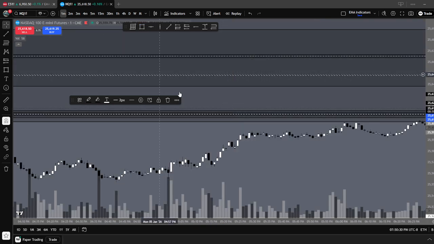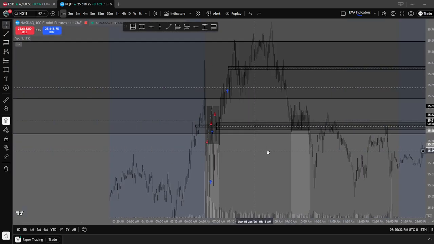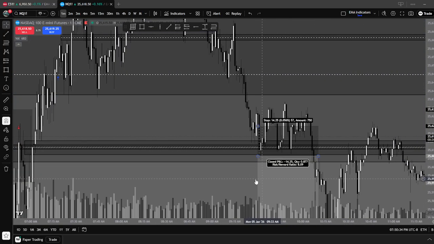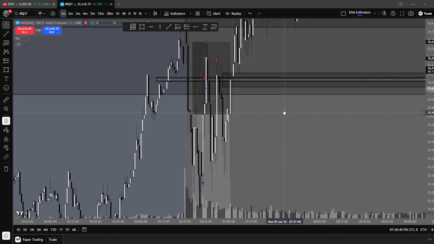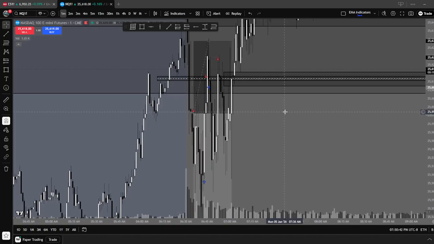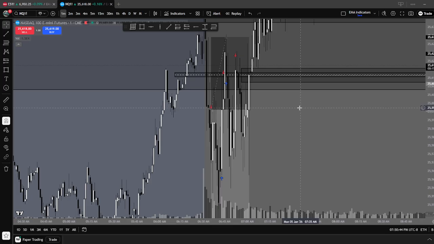So once we tapped the 5-minute inversion, I'm pretty sure that's what I traded off of. Something along those lines. Anyways, I ended up getting entered in down here.